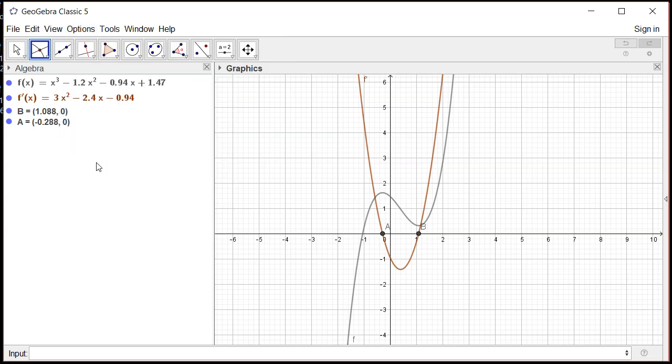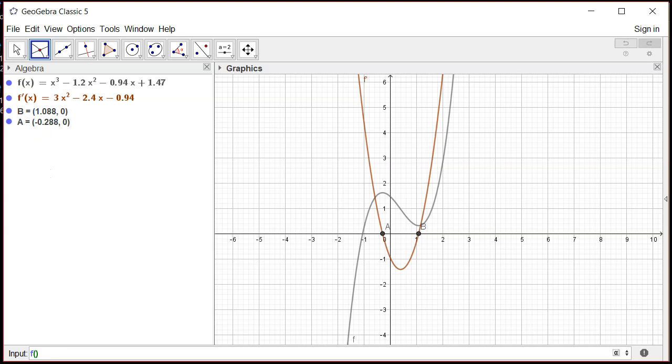So we have that. Then all you have to do is find the corresponding point, which is sitting up here. We can probably just find the corresponding y coordinate for, say, negative 0.288.